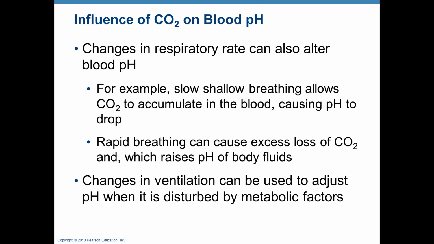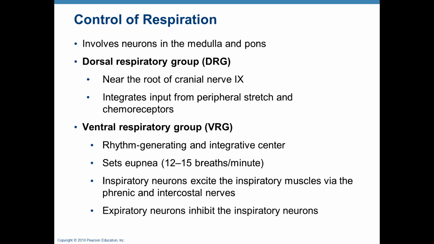So our body actually uses changes in your breathing rate, and later you'll also see how your body uses the kidneys as well, to make adjustments to these components of this CO2, carbonic acid, bicarbonate ion buffering system that we've got going on in our body fluids to help us maintain our body fluid pH in proper ranges.